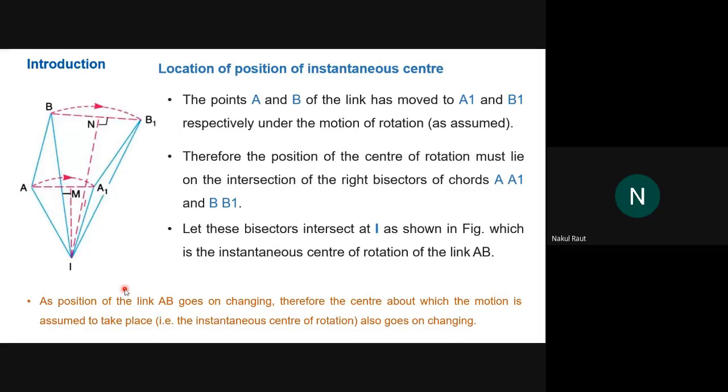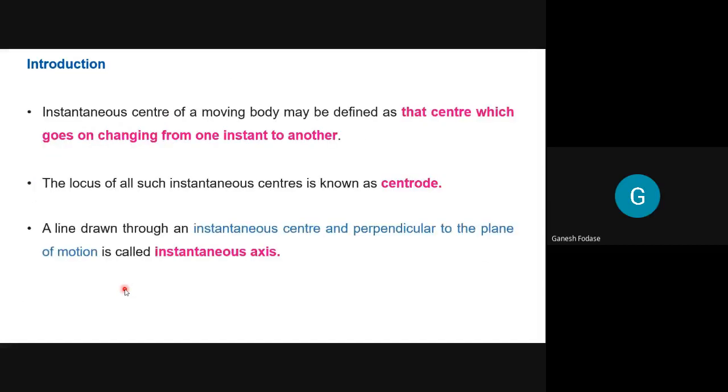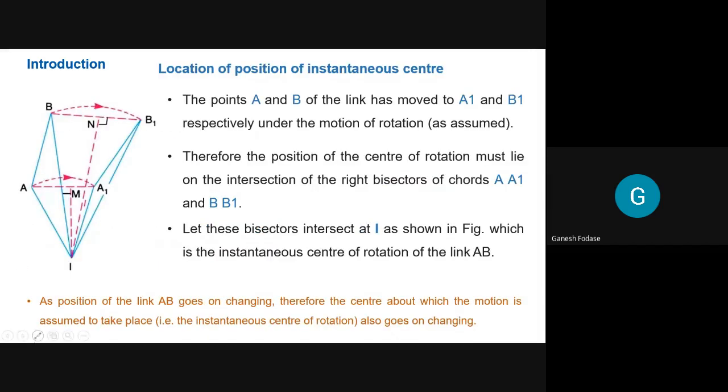Yes, sir. Okay. Now see, I told you, when a body is moving from one place to another place, we call that center of rotation the instantaneous center of rotation. But let's say at one position we get it as I, like we have shown here.